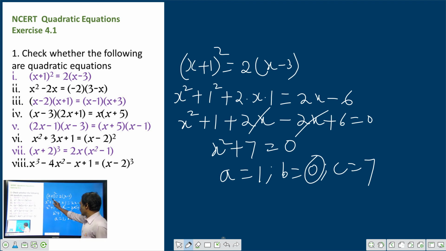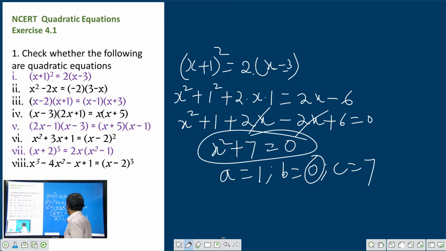Just expand according to a plus b whole square, a square plus b square plus 2ab, take all the right hand side terms to the left hand side, so that I get the simplified form of the quadratic equation, x square plus 7. So this is obviously a quadratic.